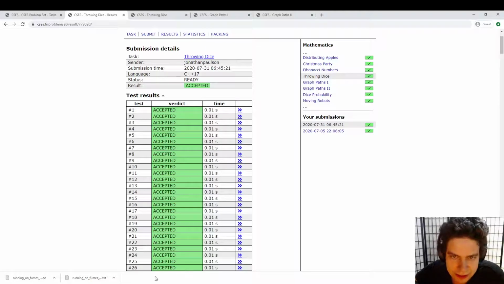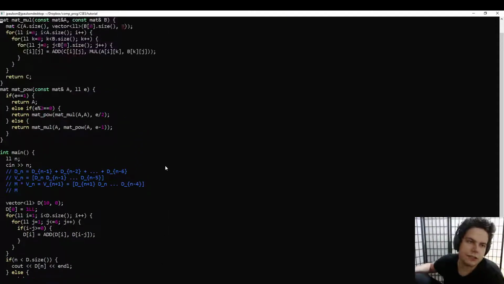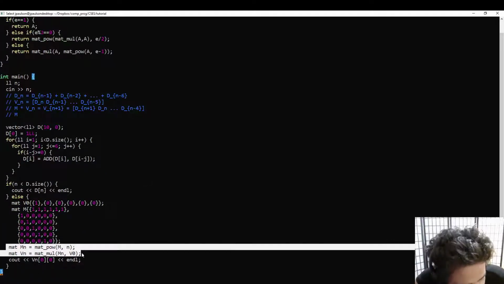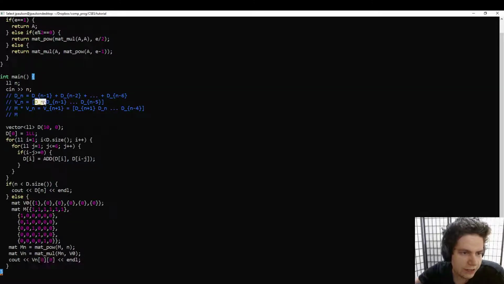There's no way to get negative numbers by throwing dice, but there is a way to get 0 by not doing anything. And then we raised m to the nth power. We multiplied v0 times m^n to get vn, and then we just output the first element of vn, which was dn.